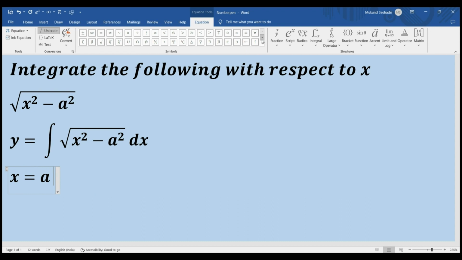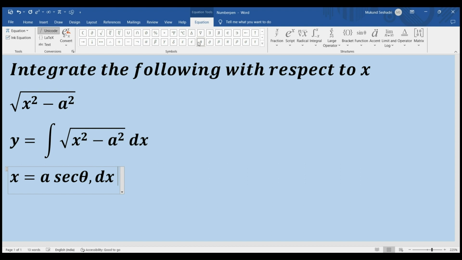Why is that? Because secant squared theta minus tan squared theta equals 1. And when I make the substitution x equals a secant theta inside my x square minus a square, what happens is the term inside the square root becomes a square times secant square theta minus 1, which is nothing but a square times tan square theta, right?